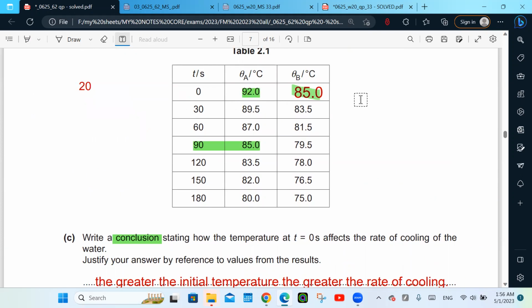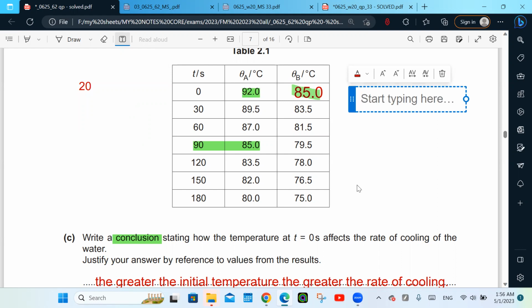If we need to justify the answer, you can take a look at your table and observe the change between the numbers.